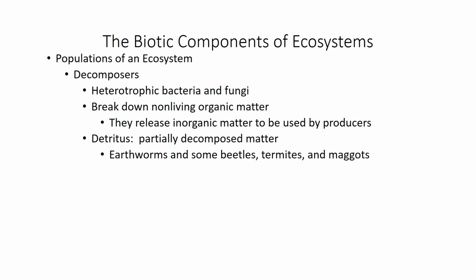Okay, things like water or ammonia, stuff like that. And you have some things like earthworms, some insects, okay, flies like maggots, termites. They help break down things like wood that's decomposing, or rotting trees, and then also things that are buried in the ground that are deceased.